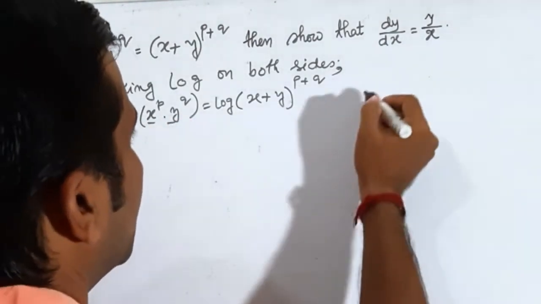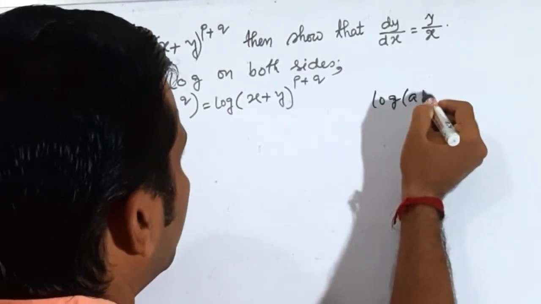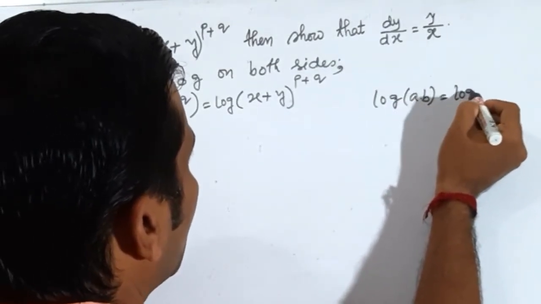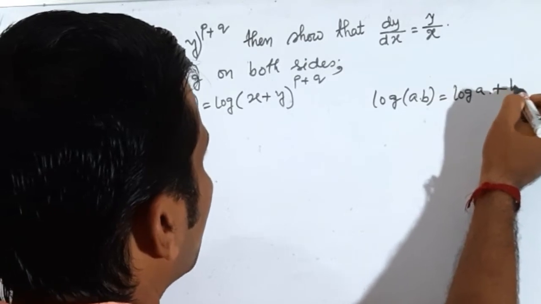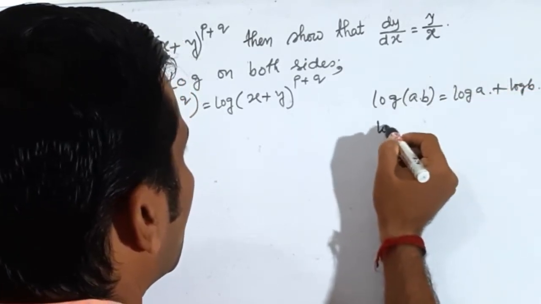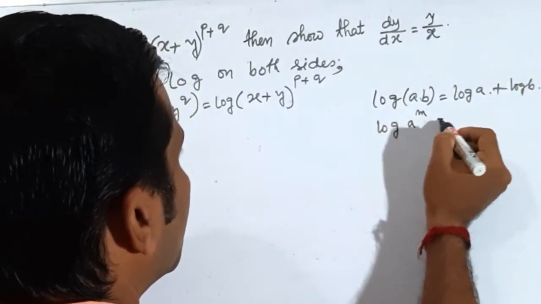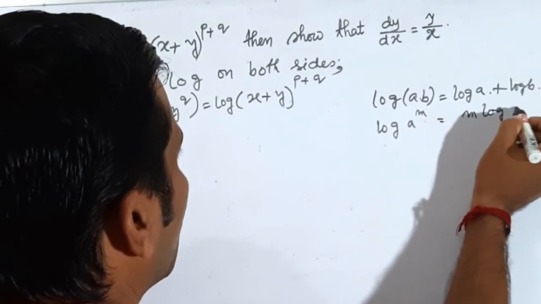we know that log of a into b is equal to log a plus log b, and log a to the power m is equal to m log a.